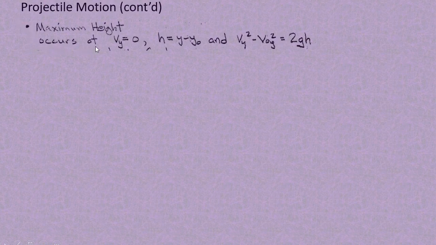We have to remember that maximum height or peak height occurs when the y component of velocity is 0, and then the height is going to be defined as y minus y sub naught, where y sub naught is the vertical position at time 0, and our third kinematic equation, which tells us that the y component of velocity at time t squared minus the initial y component of velocity squared is equal to 2 times the acceleration caused by gravity times the vertical displacement, or in this case, height.